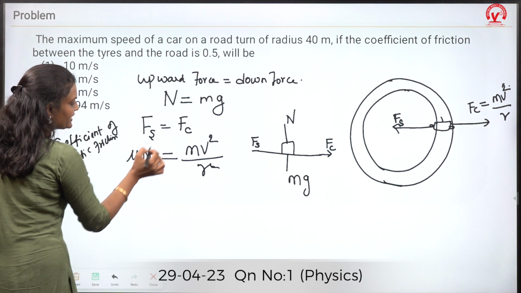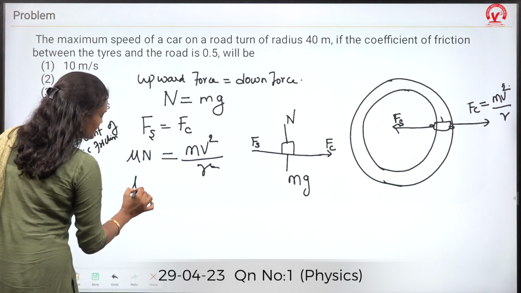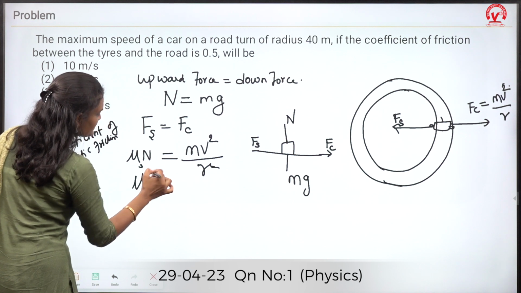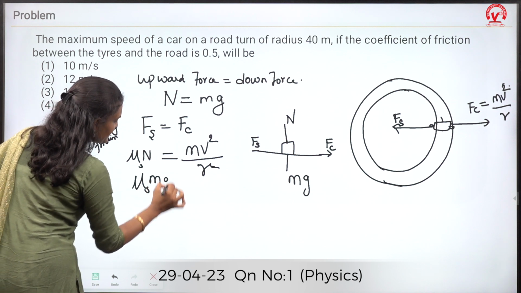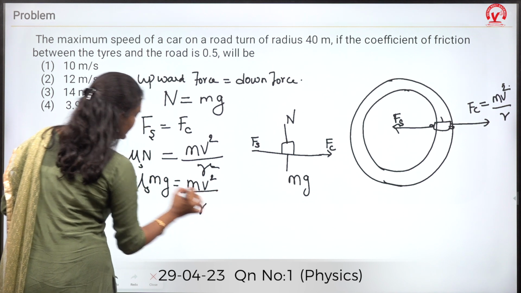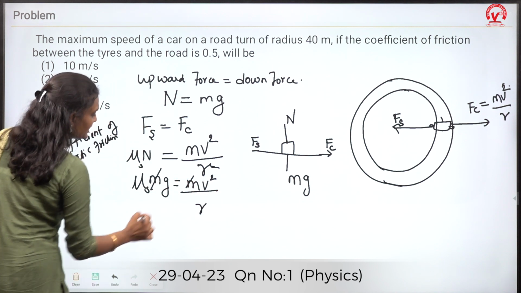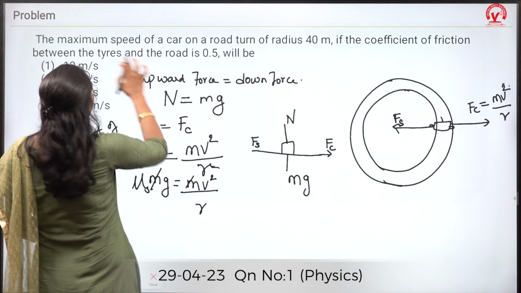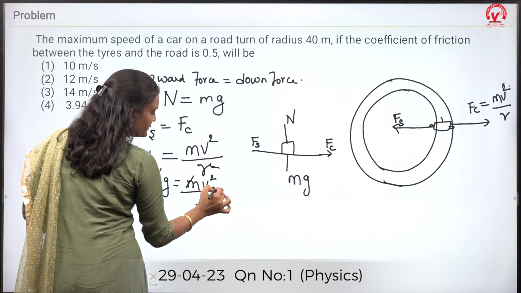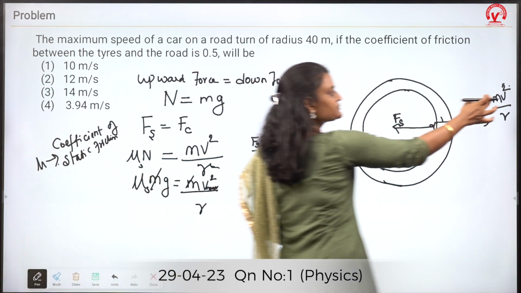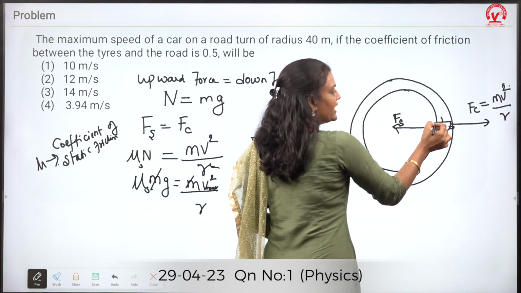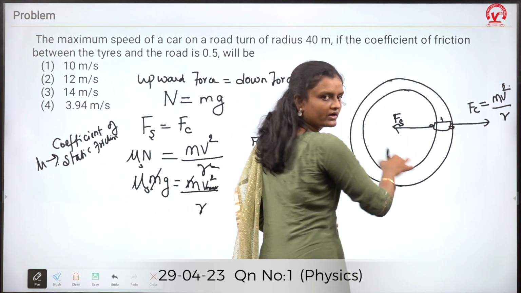Here we know that N is equal to mg. So mu s mg is equal to mv square divided by r. Here m gets cancelled, and our aim is to find the maximum speed of the car, V max. If we increase the speed of the car, the frictional force also increases, and the car moves in the circular path.